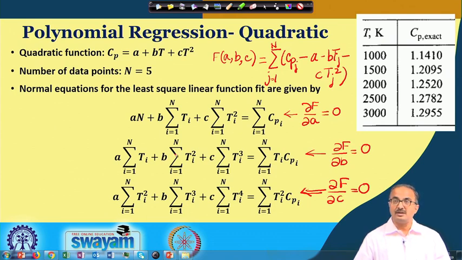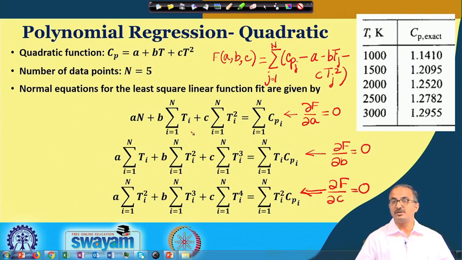Now you see that as we keep on increasing the degree of the polynomial for regression, we will have still more equations. You can use any of the matrix methods which we have learnt earlier to solve up to, say, second degree polynomial, where we get 3 equations.